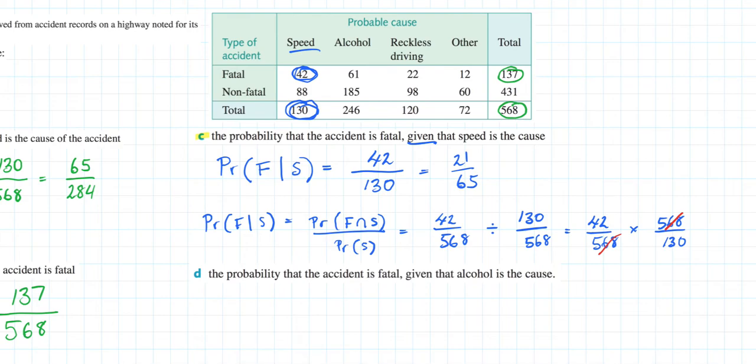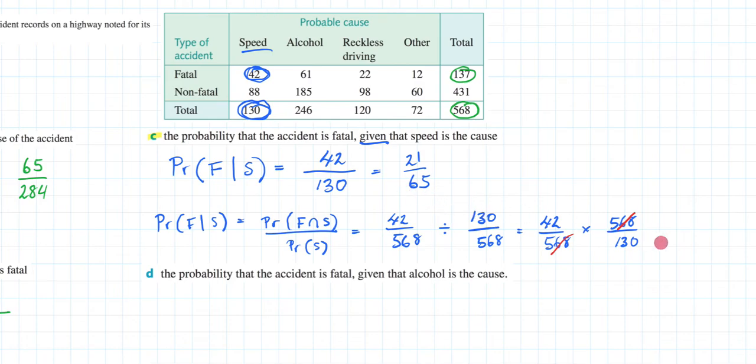And what I'll be left with will be 42 over 130, which can be simplified down into 21 over 65. So both of those methods gave me the same result, 21 out of 65, as my probability that the car accident is fatal given that speed is the cause.